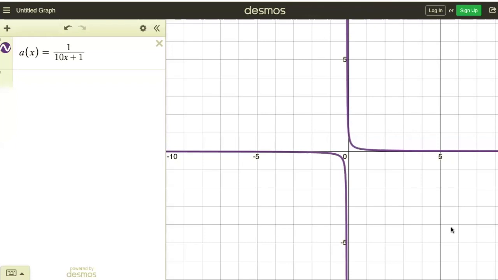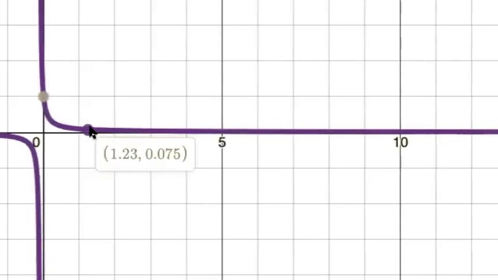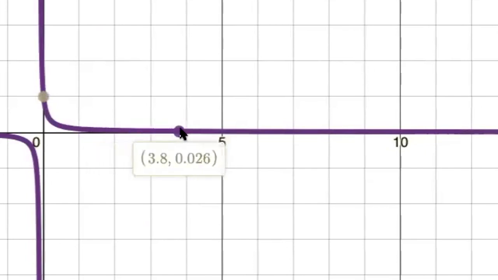So here's the function that we're talking about, and you can see on the interval where x is a value that's bigger than or equal to 1, the y values, the outputs, are in fact decreasing. So once again, we've now shown that the values are positive because they're above the x-axis. This is continuous. We don't have any discontinuities, and this is a decreasing function.